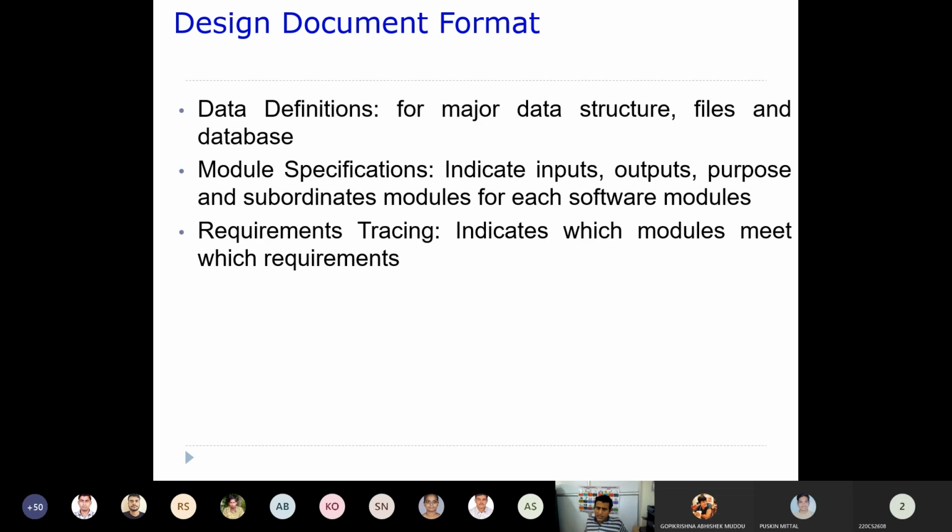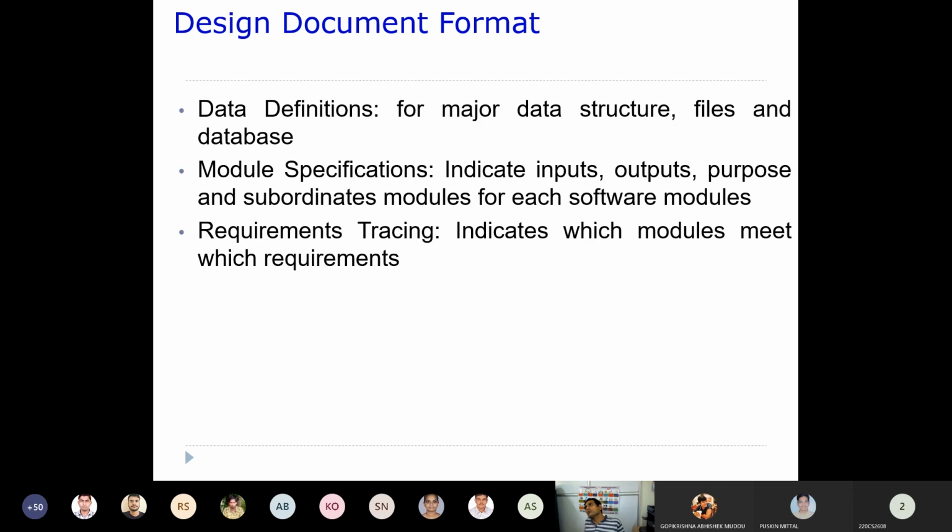And then you need to have requirement tracing, right? Through this particular section you should be able to know what the requirements are, those that are met through these modules. So let's say you have 10 requirements.